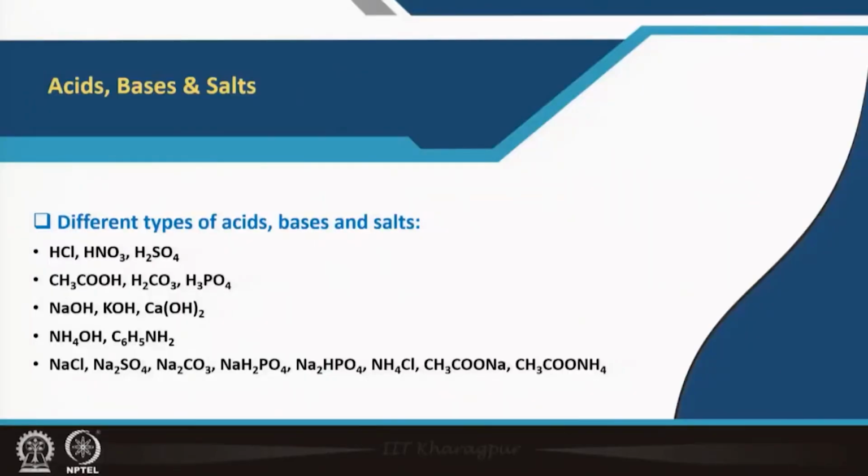We all know that there are different types of acids, bases and salts. Some of the acids are shown here: HCl, HNO3, H2SO4, acetic acid, carbonic acid, phosphoric acid.